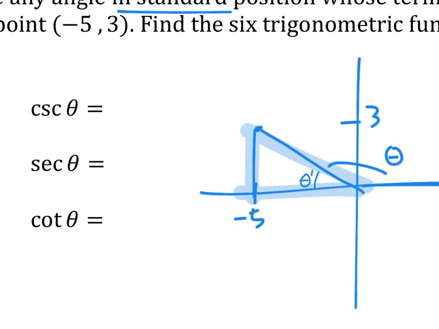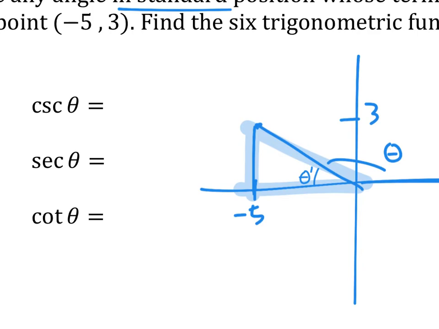All right, let's figure out the sides. What is the value on this side? 5. It's length 5. However, we're going to the left, so we're going to call this negative 5. What about this side? How long is this side? 3.